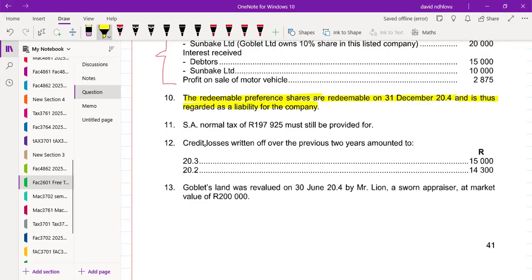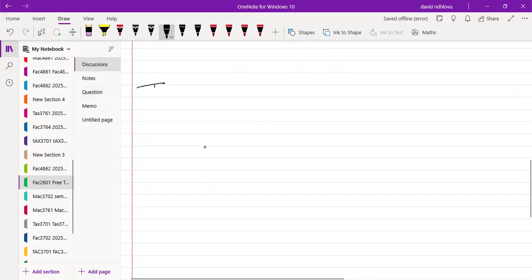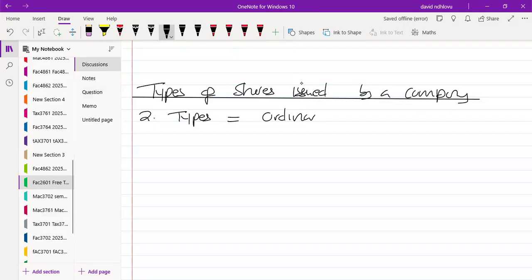When you have a company, a company could issue different types of shares. We must be clear on the issue of shares. We normally have two types here. We have what is called ordinary shares, and we have what we call preference shares.